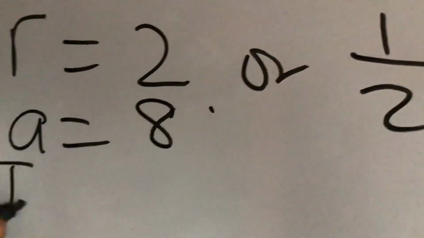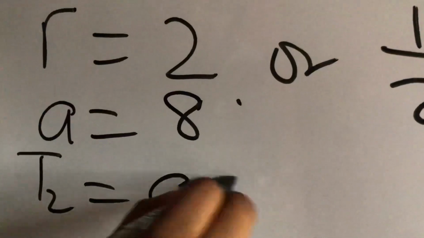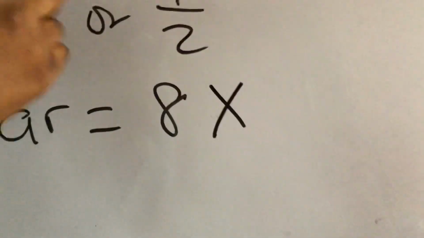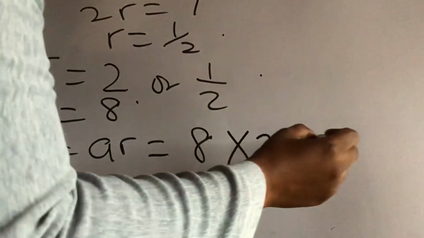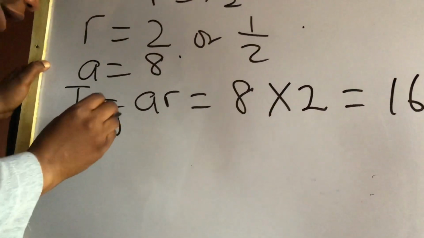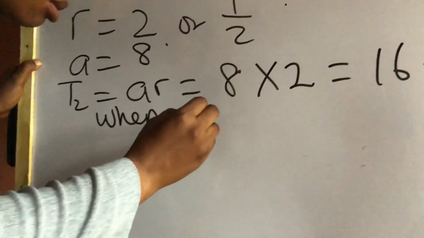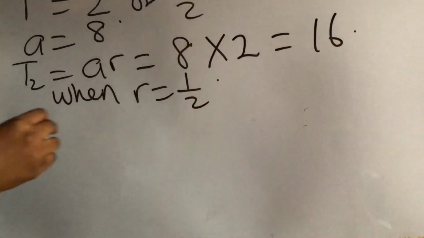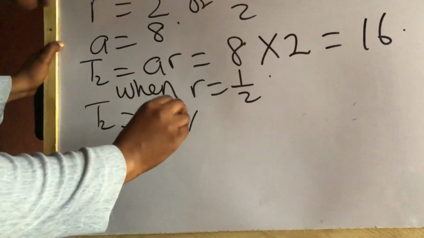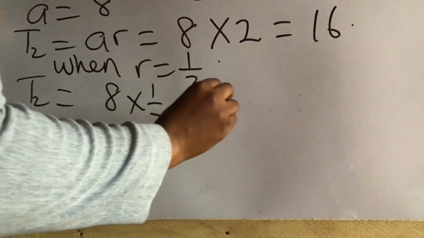So the second term, T2, will be equal to ar, that is 8 multiplied by r. When r is equal to 2, the second term is equal to 16. When r is equal to 1 over 2, the second term will be equal to 8 multiplied by 1 over 2, which is equal to 4.